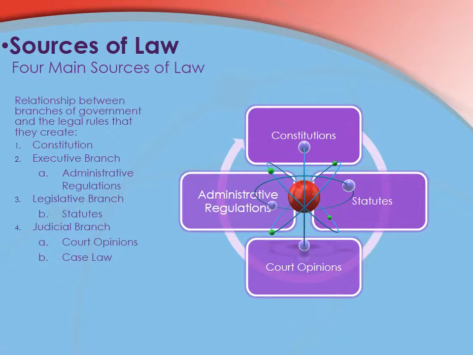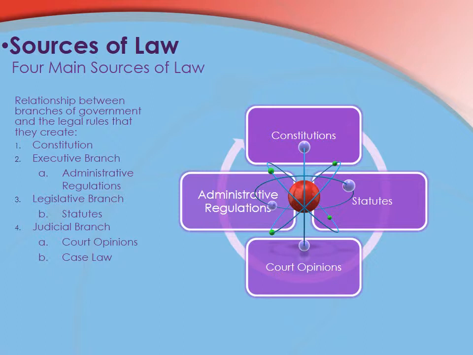These are administrative agencies, and they create their own rules. And then you have the legislative branch, which creates statutes. And then you have the judicial branch, like the courts. They create court opinions and case law. So when you're doing your legal research, you want to know this and keep this in mind. So if you're dealing with a Social Security claim, you want to look for administrative regulations related to that, starting there. If you're dealing with civil rights claims, you want to start with constitutions and determining what particular amendment was violated.